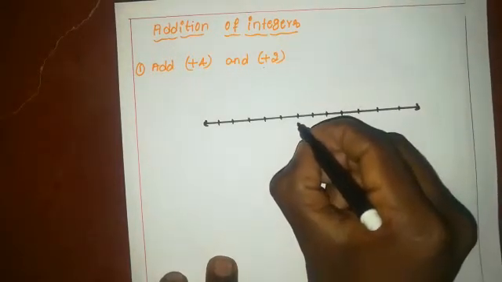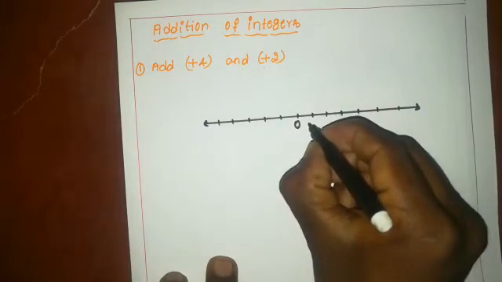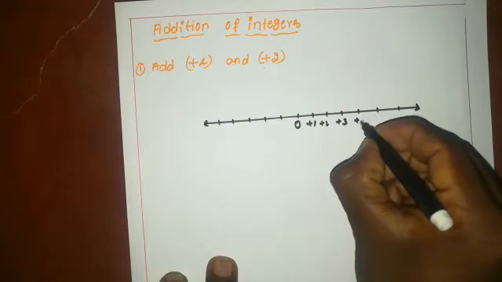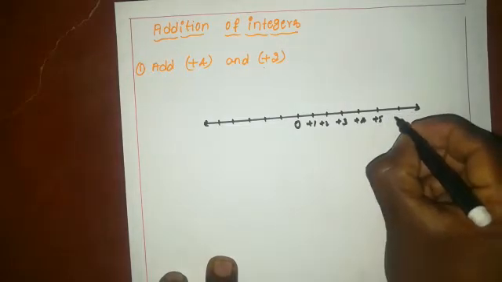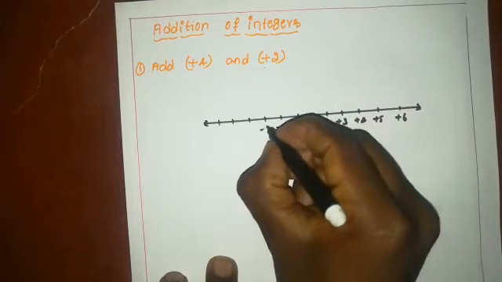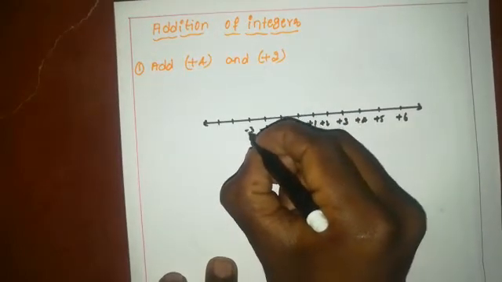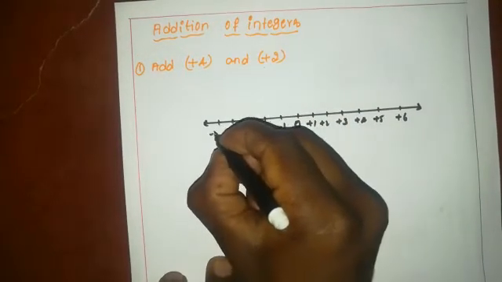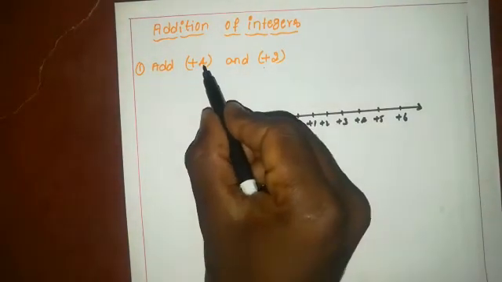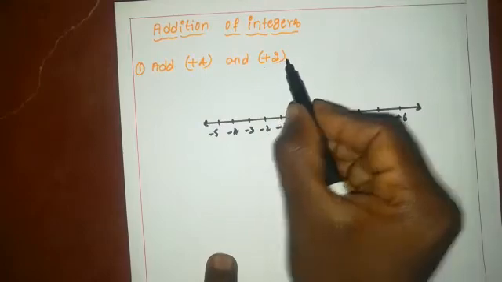Now I am marking 0, plus 1, plus 2, plus 3, plus 4, plus 5, plus 6. From the left side, minus 1, minus 2, minus 3, minus 4, and minus 5. By using the number line we have to add plus 4 and plus 2.